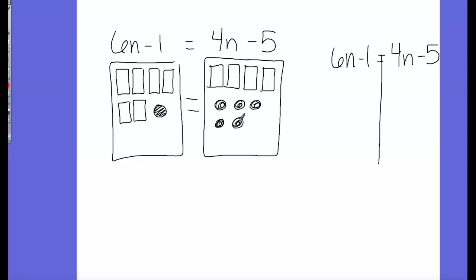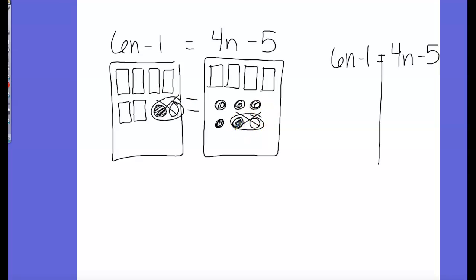You should get the same answer as long as you do the math correctly. Okay, so what do you want to move? The negative one? Okay, so what would I do? Add one. Okay, so if I add one positive to this side, I have to add one positive to that side. Then get rid of your 0 pairs.